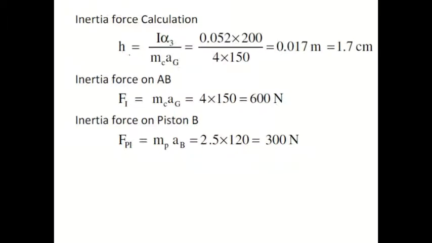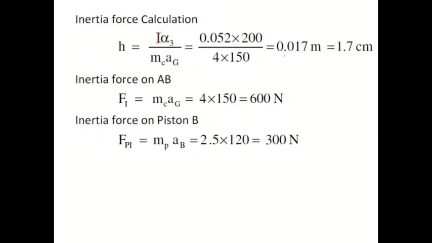First you will find the h value. h equals I alpha divided by m f, where alpha is the angular acceleration, 200. m is the mass of the connecting rod, 4 kg, and the acceleration of the connecting rod is 150.